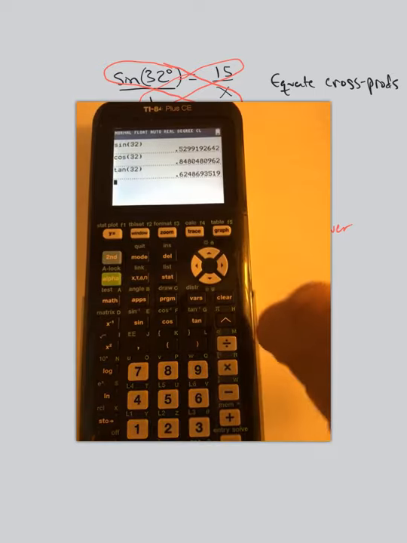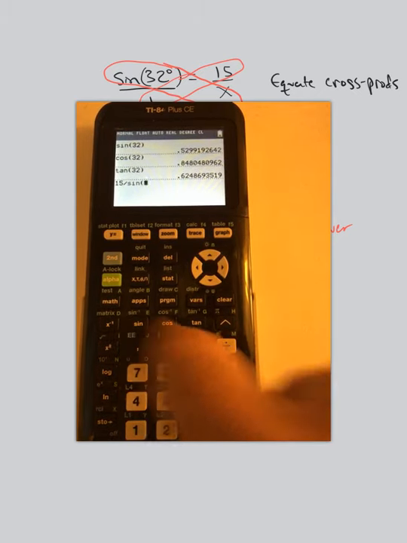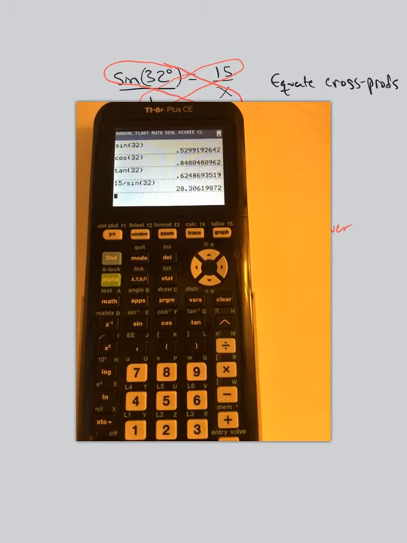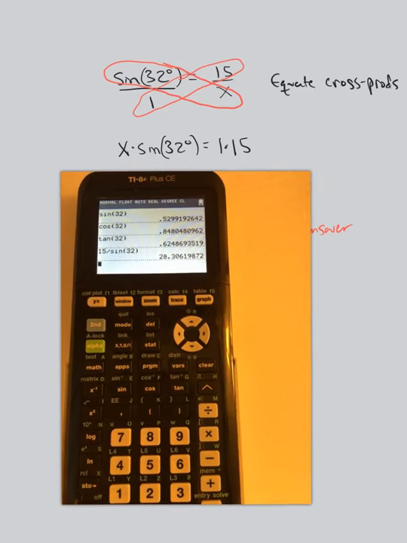So now on our calculators, we just type in what we have written. We do 15 divided by sine. You don't have to type the degree mark in, since we set it in degree mode, so our calculator is calculating in degrees. And right there is going to be our approximate answer. It just depends on the assignment and how many places you're told to approximate to.